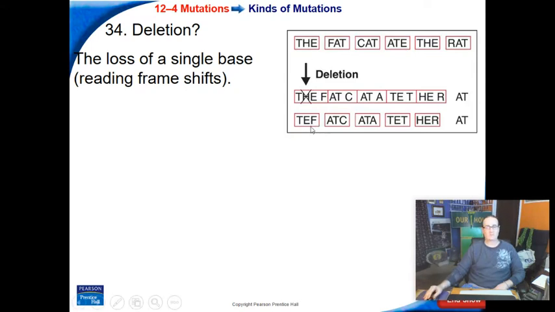Now all of a sudden it's Tef, Atc, Att, Ate, Her, At. So you can see how every single 3-letter code after that mutation is going to be affected. And again, the idea is that it likely will change all of the amino acids after the deletion, which obviously will make the protein non-functional.